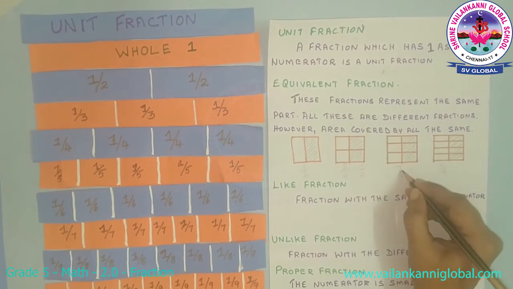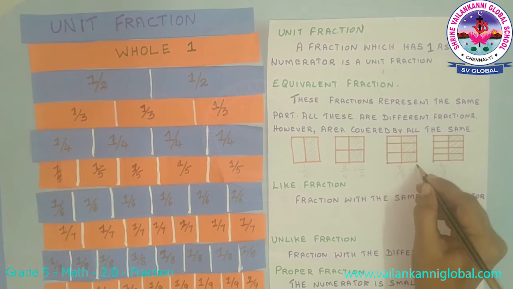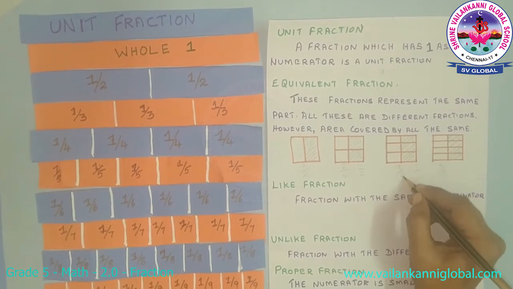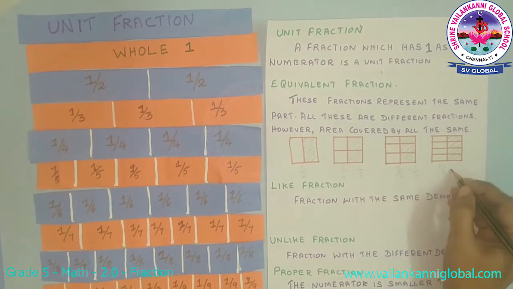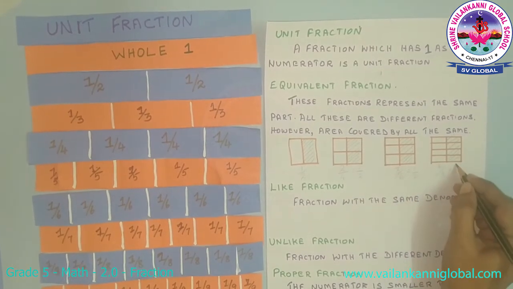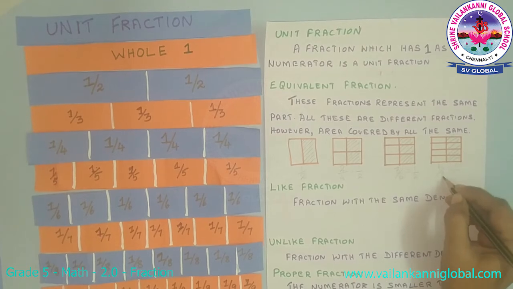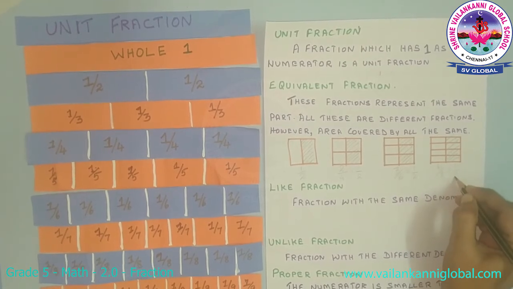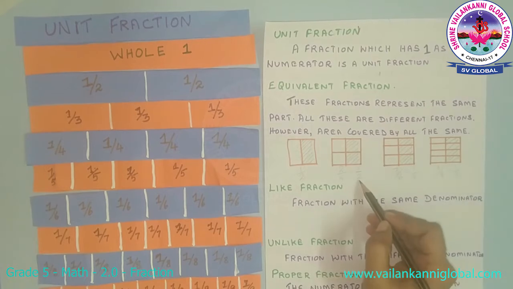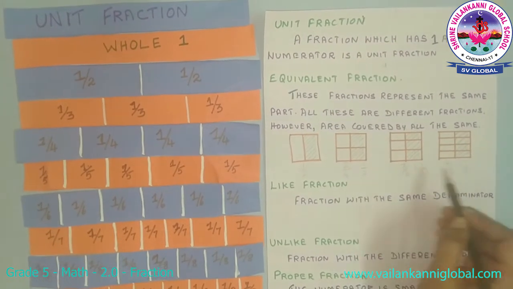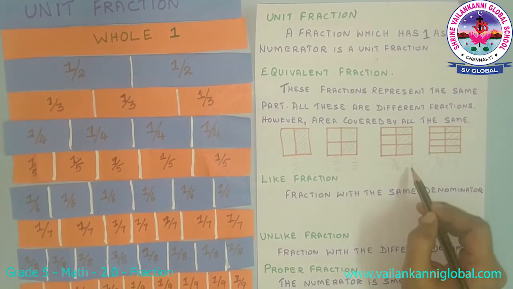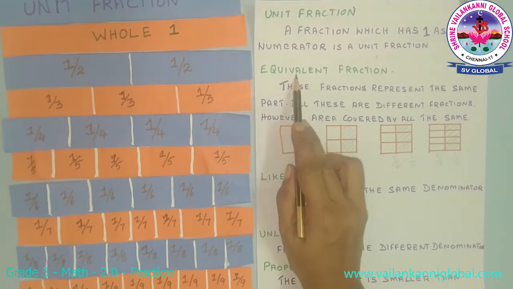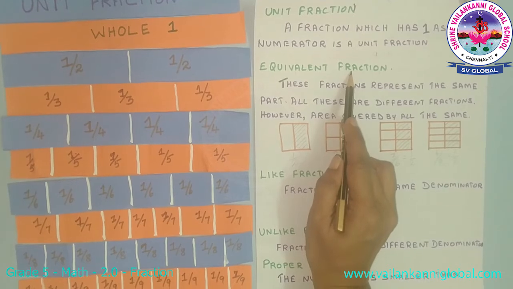Then 3 times 1 is 3 and 3 times 2 is 6. Then 4 times 1 is 4 and 4 times 2 is 8. If you simplify all the fractions, we get 1 by 2. This type of fraction is called an equivalent fraction.